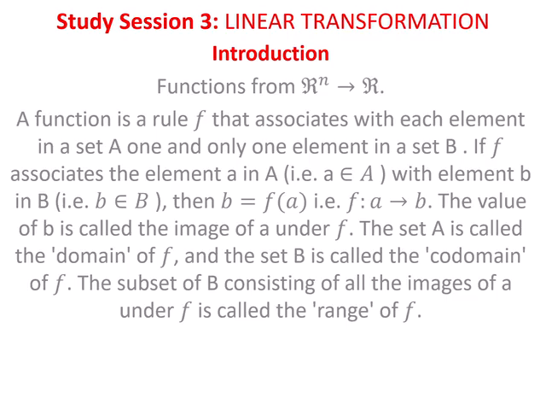The codomain is your B and the domain is your A. The subset of B consisting of all the images of A under f is called the range. I repeat, the subset of B consisting of all the images of A under f is called the range of f.